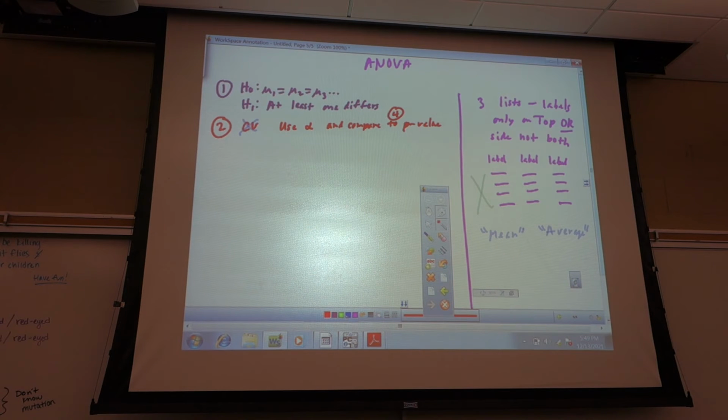I'm going to move on to step 3. Sorry, how do I find my test stat? Yeah, stat test ANOVA. And actually, I'm not even going to care about the stat test. Can't spell apparently.